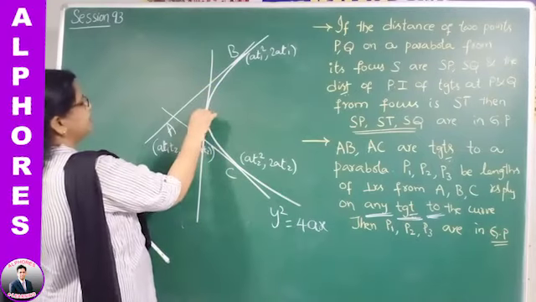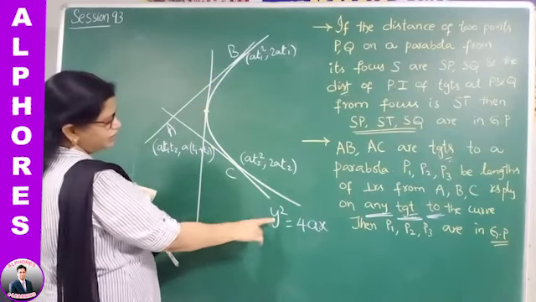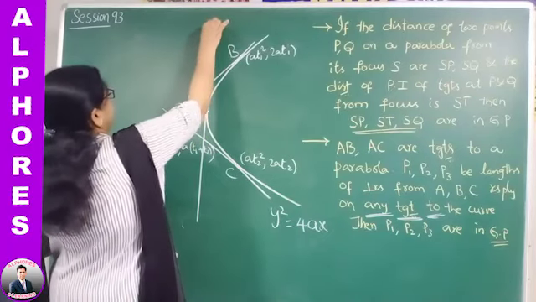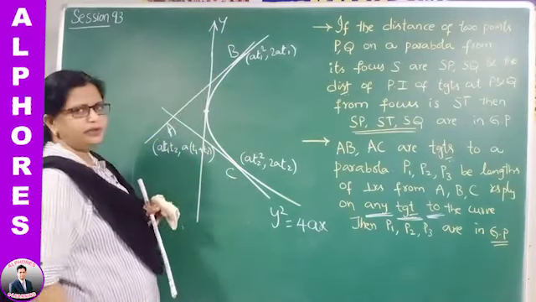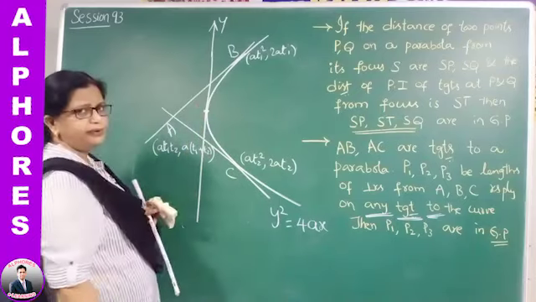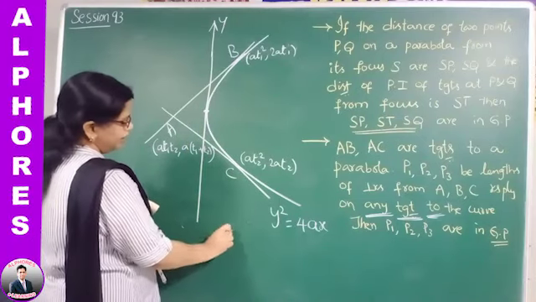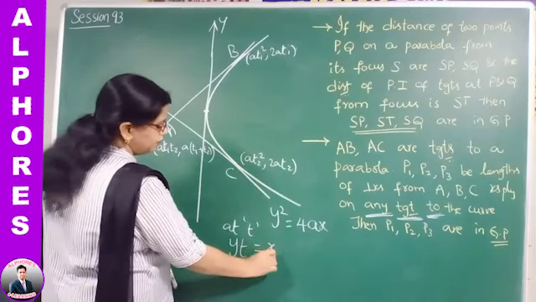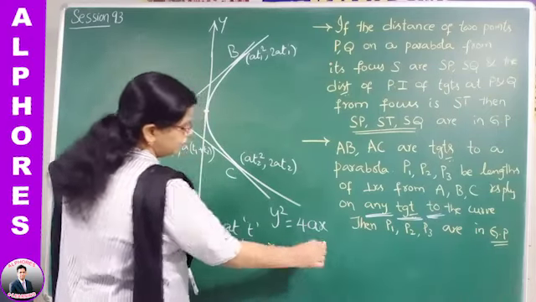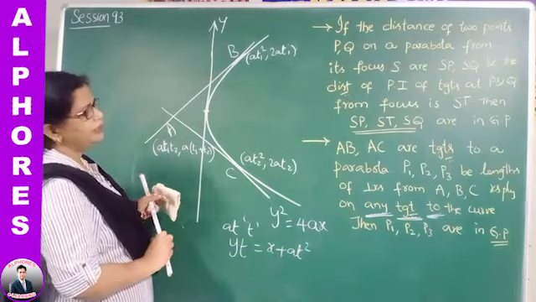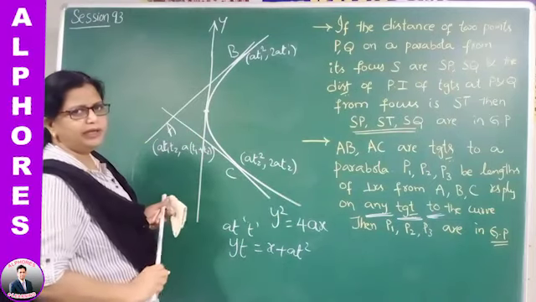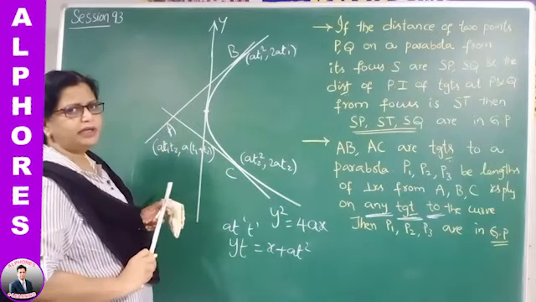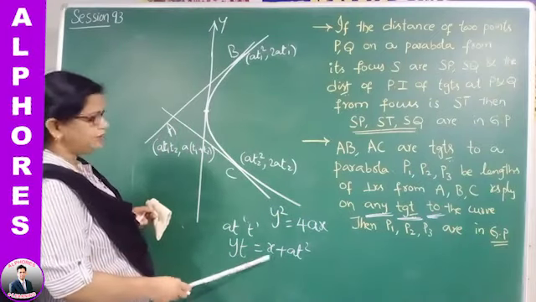So if this is the origin, our tangent at the vertex to the standard form is nothing but the y axis, right? If you don't want this one, you can use the tangent at any point T, that is, yt equal to x plus at square. This also you can use and find P1, the perpendicular distance from A onto this line.